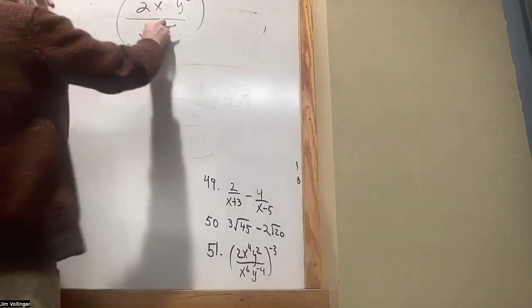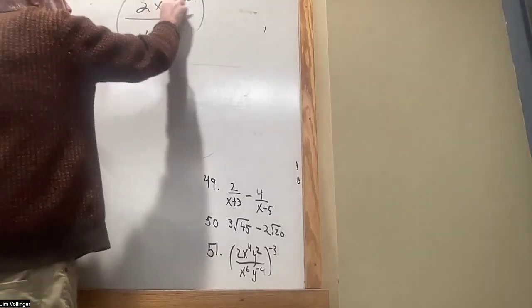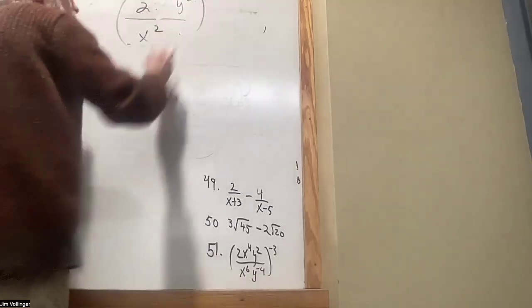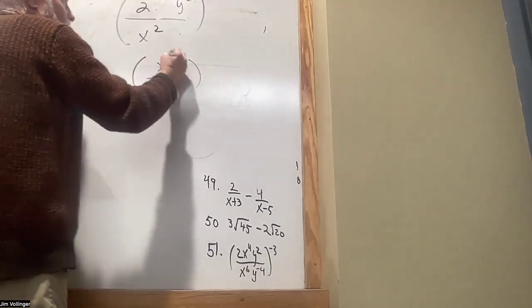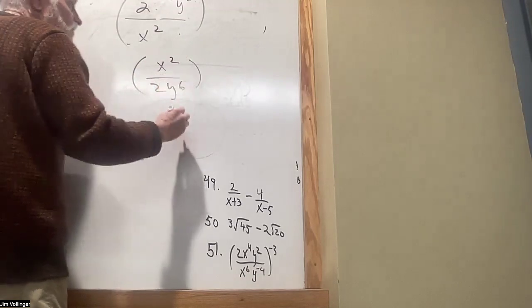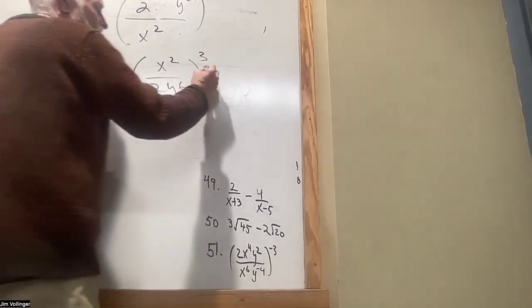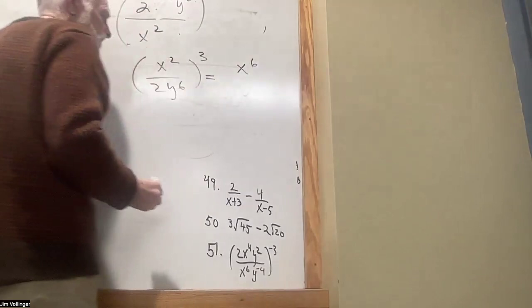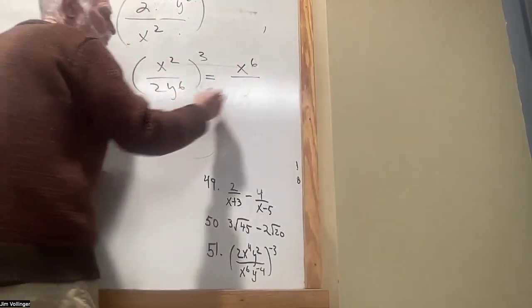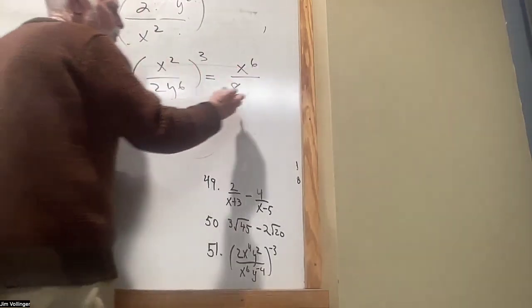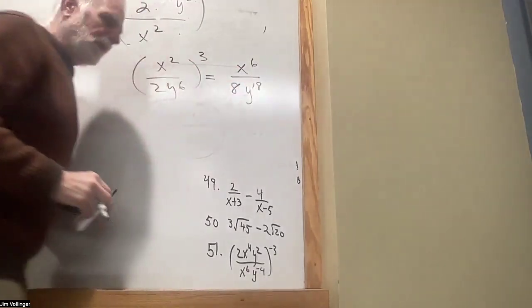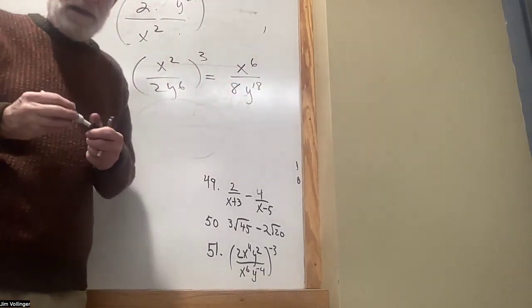X4, x6, x squared in the denominator. I'm going to flip it. X squared over 2y to the 6th. And now I have to cube it. Final answer, x to the 6th. I have to cube the number 2, 8. I have to cube y to the 6th, y to the 18th. And I hope we got a little whirlwind of early algebra practice.